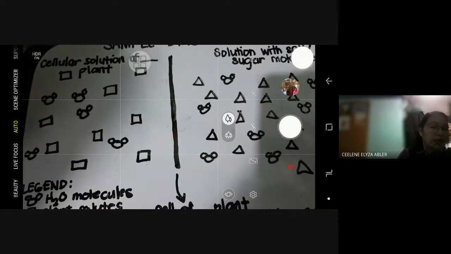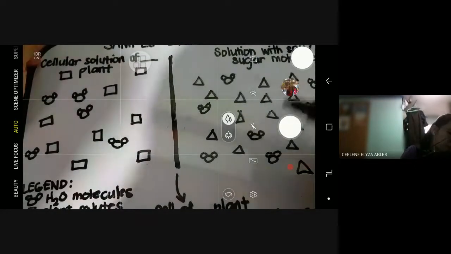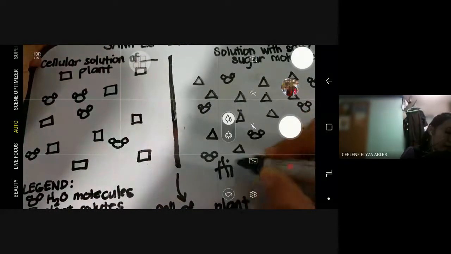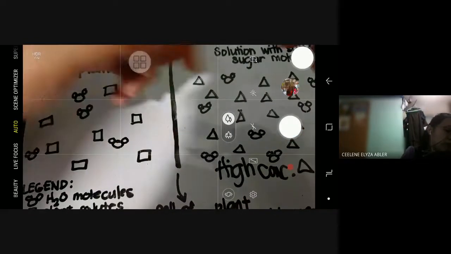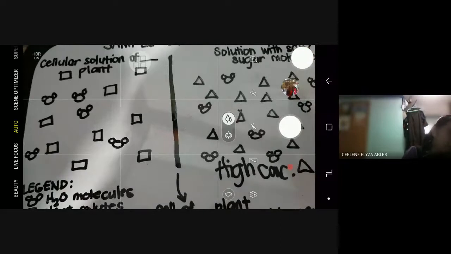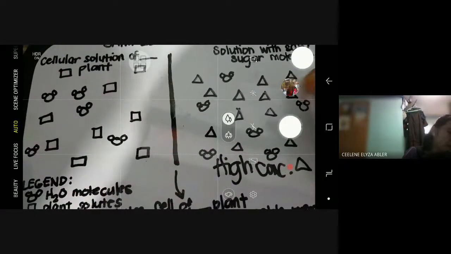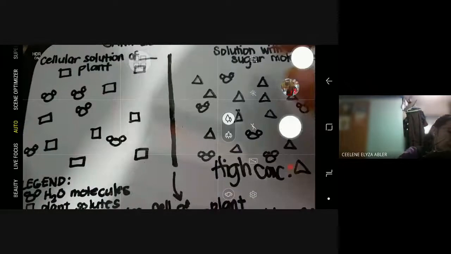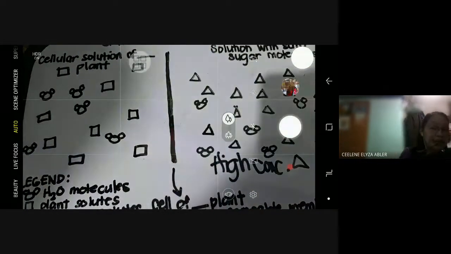Okay, compared to this one, halimbawa, if this is a highly concentrated solution of solutes, halimbawa masyadong maliit lang ang water molecules. For example, this is very concentrated. Bawasan natin, very literal yung pagiging highly concentrated.